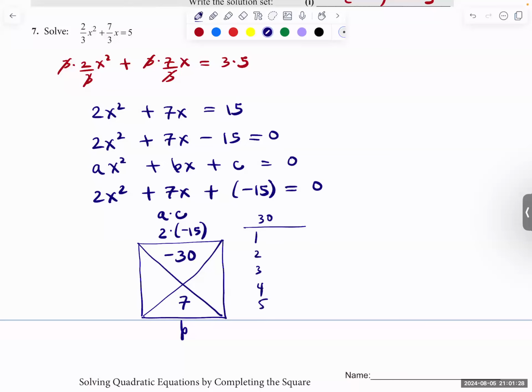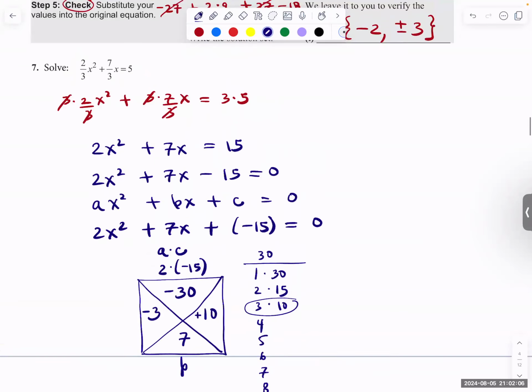We have 1 times 30, 2 times 15, 3 times 10, and that can lead us to 7. If we have 3 times 10, but to make a negative 30, we're going to need a positive 10 and a negative 3, because the sum is positive 7, which is B.